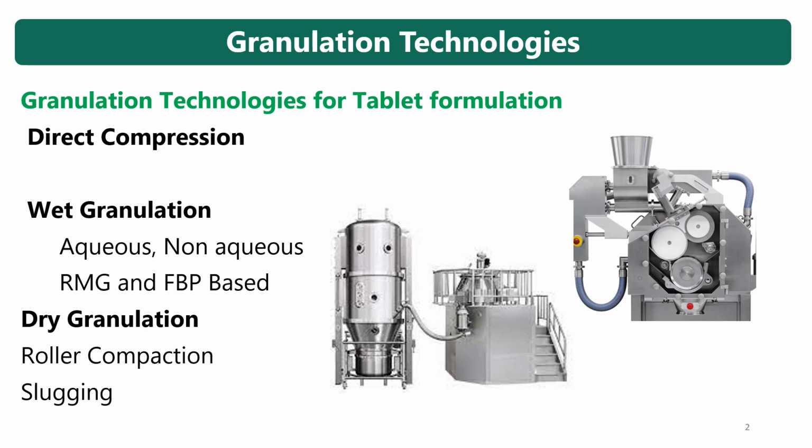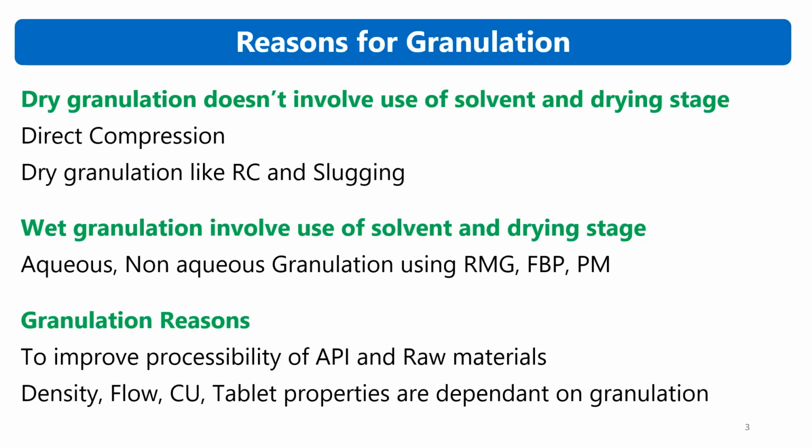Then dry granulation involves the roller compaction and slugging technique. Mainly the granulation is done to have improved processability of the powders. The formulations are a mixture of API and the excipients.